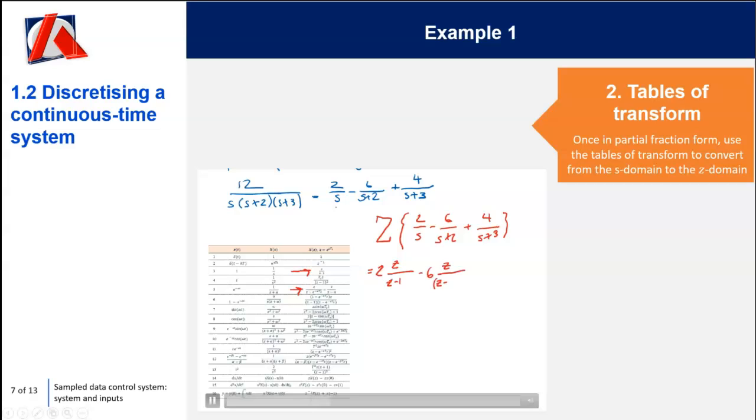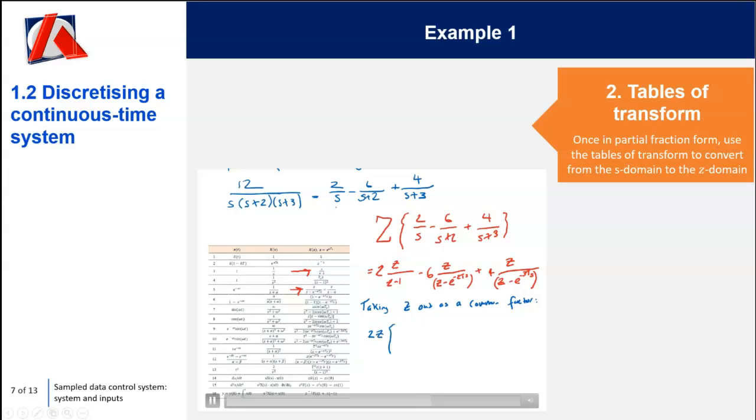2, move that outside, move 2z over z to the minus 1, minus 6, move that outside, z over z minus e to the minus 2ts. Okay, so there's a 2 there, you can see the alpha, and then repeated the same for this. What I've done is taken z out as a common factor.